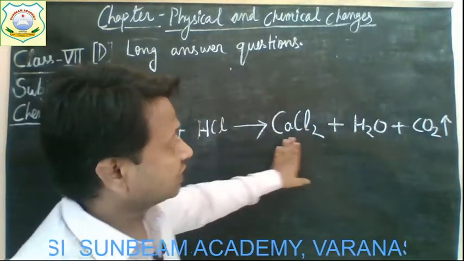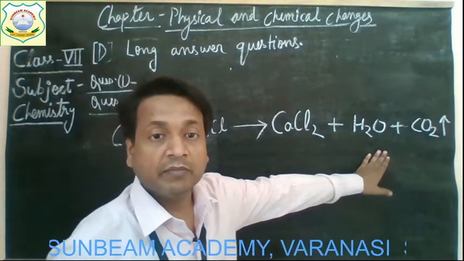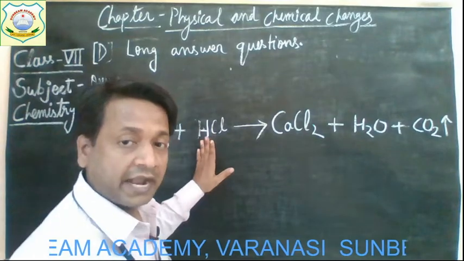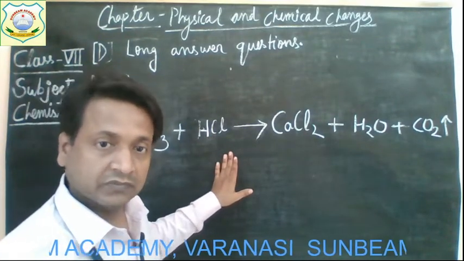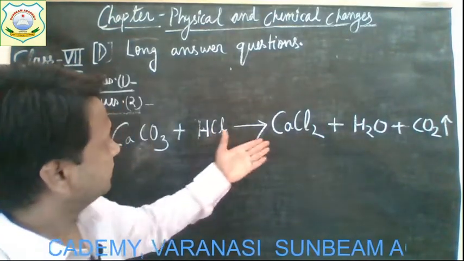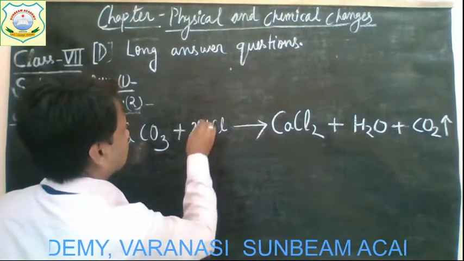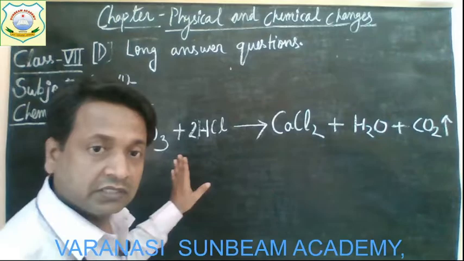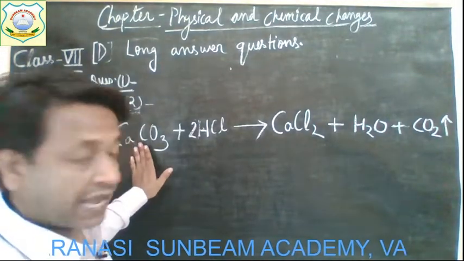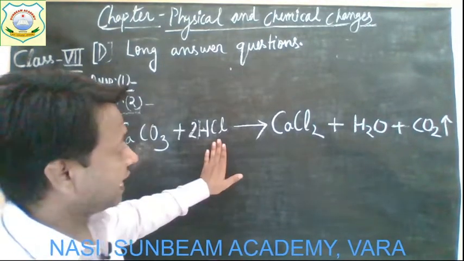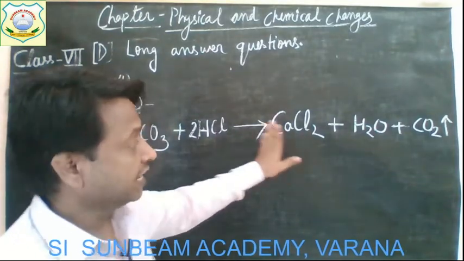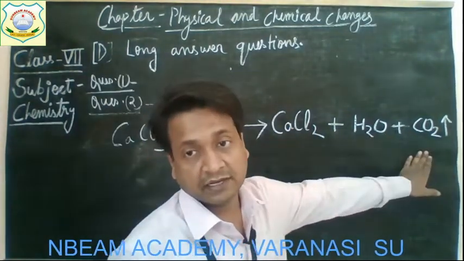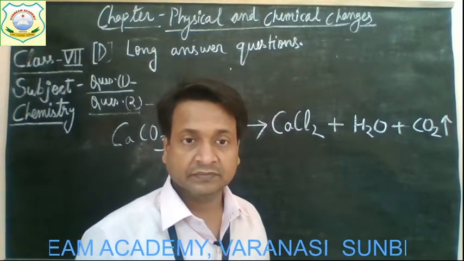So these are the products which form when calcium carbonate reacts with dilute hydrochloric acid. Got it children? Now you can balance it. So this is a balanced equation in which when calcium carbonate reacts with dilute hydrochloric acid, it forms calcium chloride, water, and carbon dioxide.